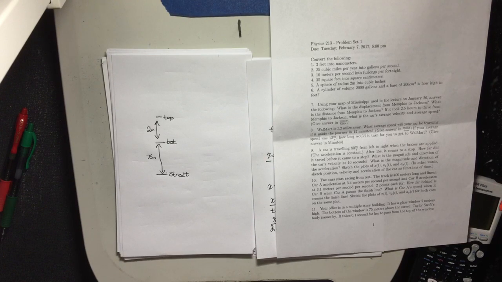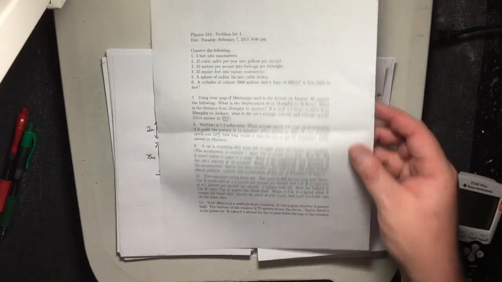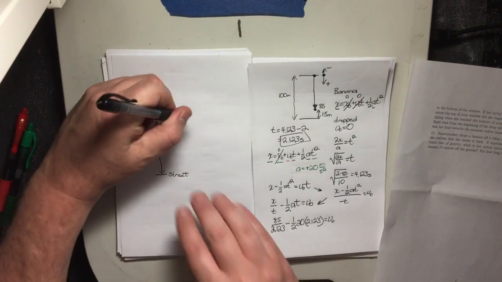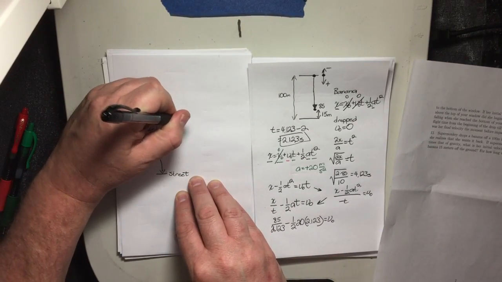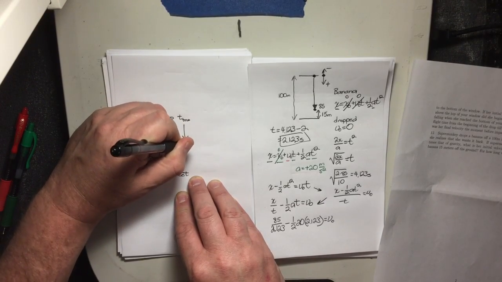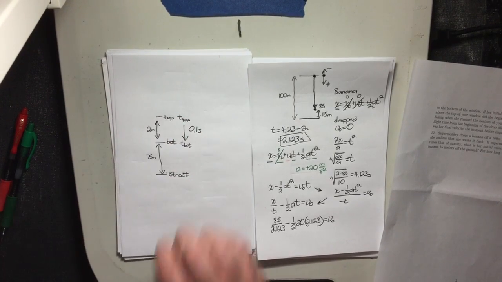Now, granted, this problem is, in my opinion, the toughest of the 1D motion problems that you're going to deal with. It takes 0.1 second for her, Taylor Swift, to pass from the top of the window to the bottom of the window. So the time at the top to the time at the bottom is 0.1 second.